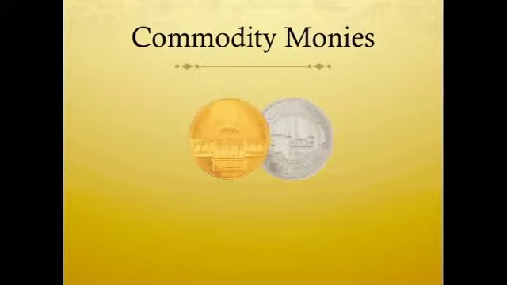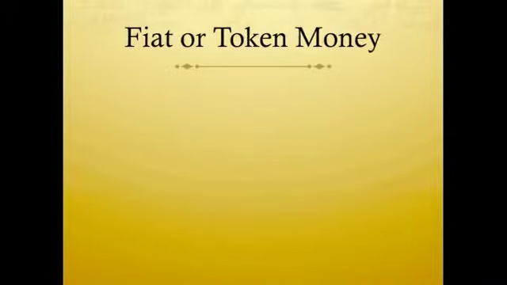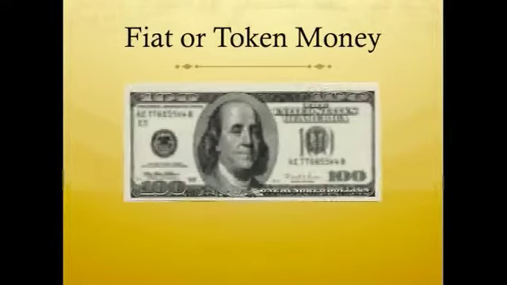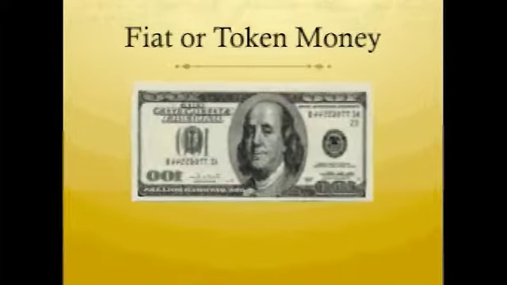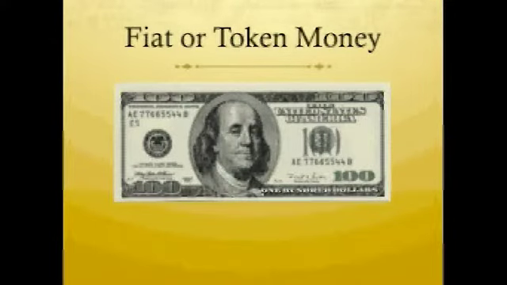For hundreds of years, gold could be used directly to buy things, but it also had other uses, ranging from jewelry to dental fillings. Fiat or token money is money that is intrinsically worthless. The actual value of a one, 10, or $50 bill is basically zero. What other uses are there for a small piece of paper with some green ink on it?